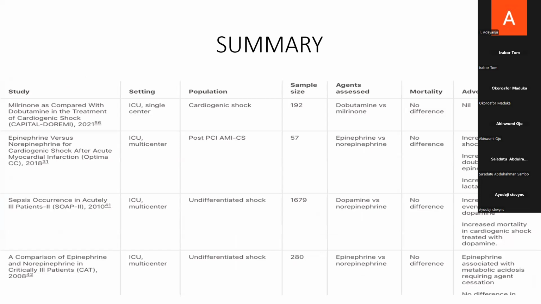But in general, the only trial, I think, is this SOAP II trial, where they found that with dopamine and norepinephrine being used in septic shock, there were increased arrhythmic events with dopamine, and an increased 28-day mortality, but in a particular subset of people. So it's not really clear cut. There was room for confounders.